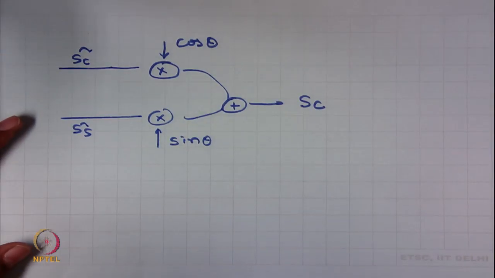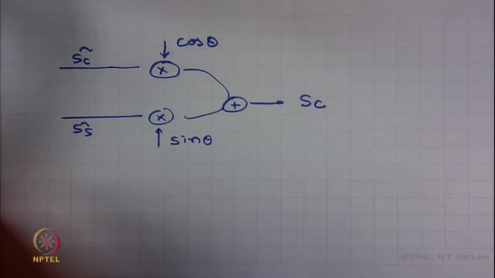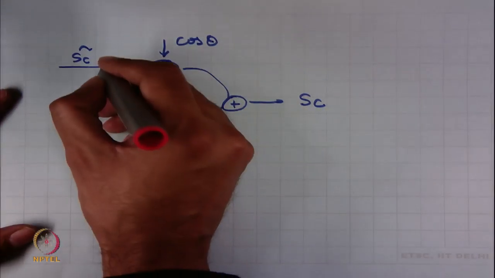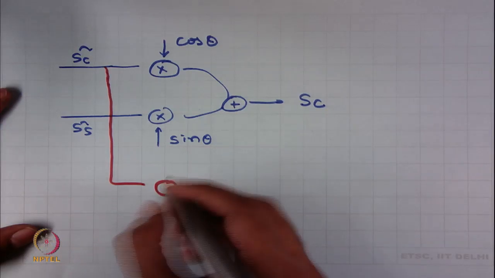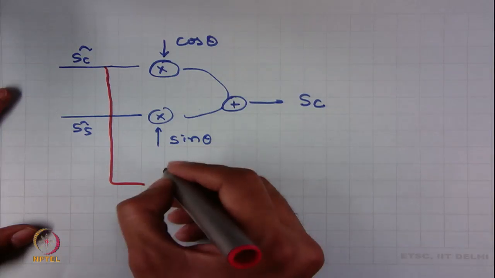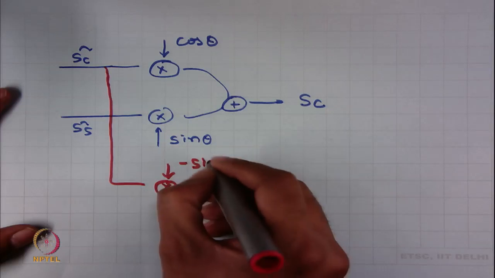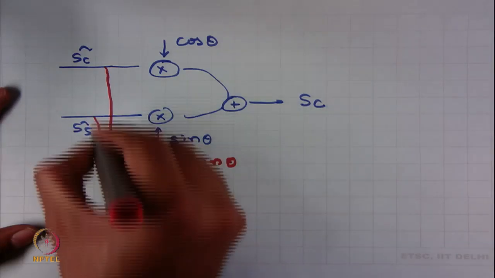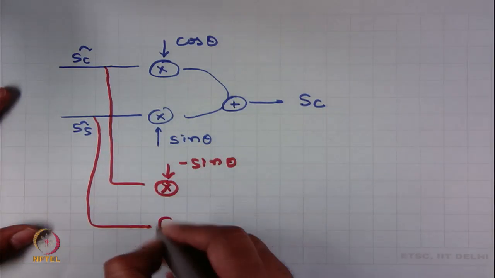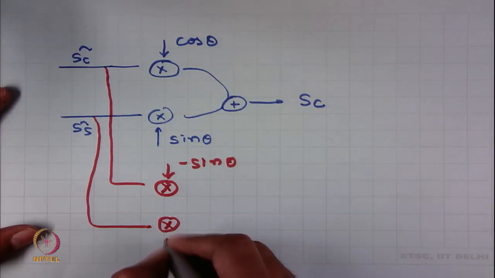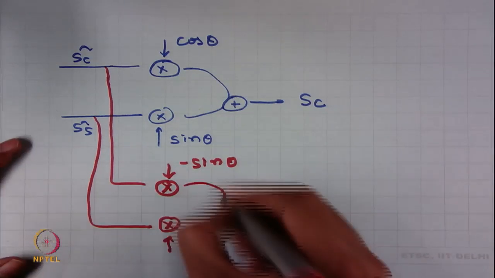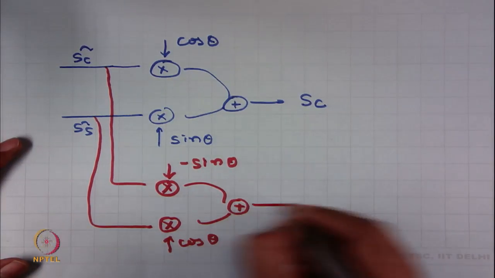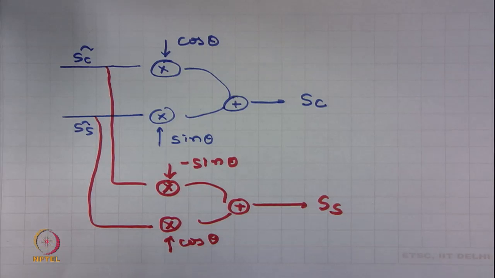What you can do then is you take SC tilde, you multiply this with minus sin theta, you take SS tilde, multiply this with cos theta, and you add these two things up, what you get is SS.